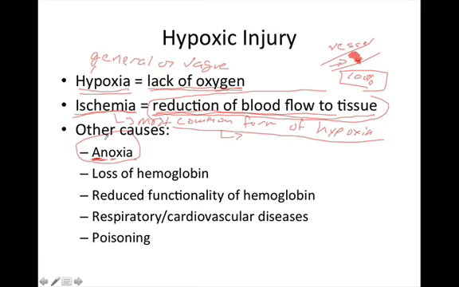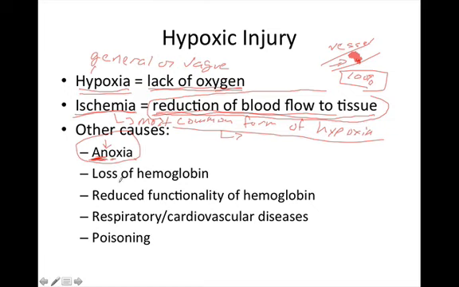That's why the N is there. Normally when you see the letter A in front of a word, that means without, but this is a special situation where we have anoxia. It has the exact same meaning. And that's the rule of that right there.